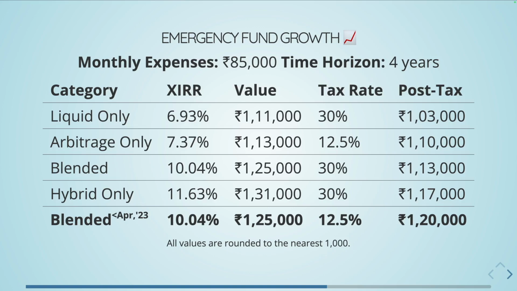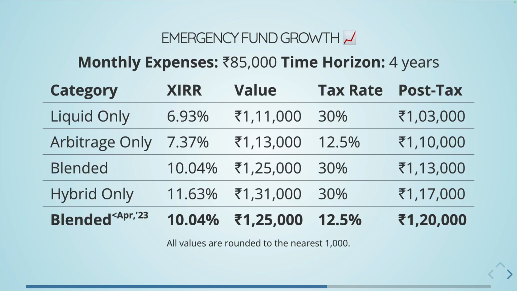It has more returns, and the tax rate is much lower. It is taxed at long-term capital gains of 12.5%, essentially when it is held for more than a year, right? So the arbitrage fund has an advantage with 12.5%, and the growth is slightly higher and the tax is lower. So 85,000 turns into 1 lakh 10,000 in 4 years.